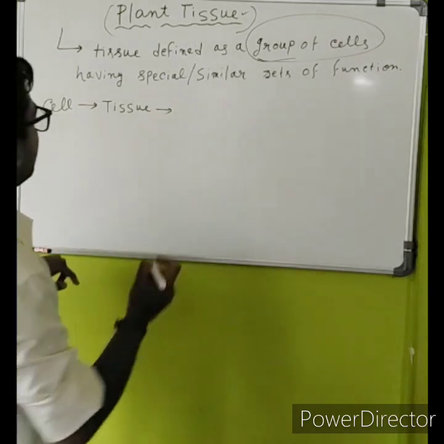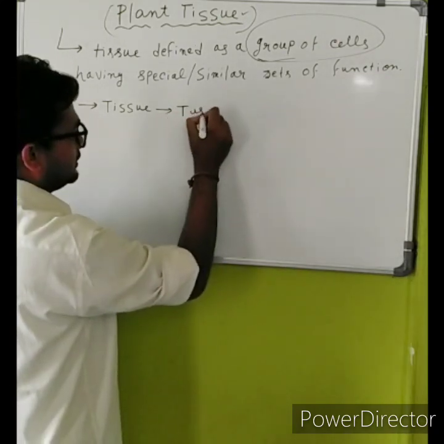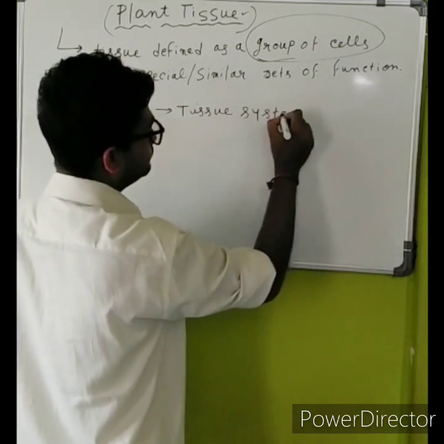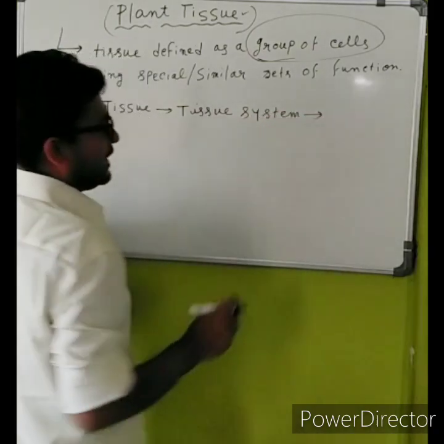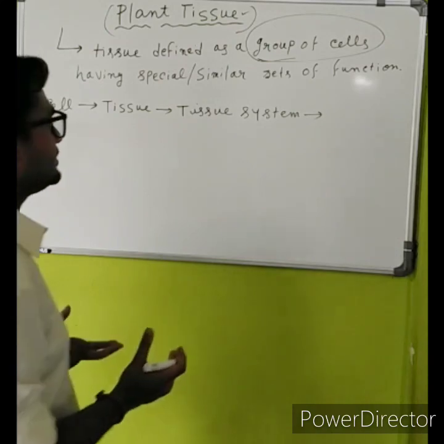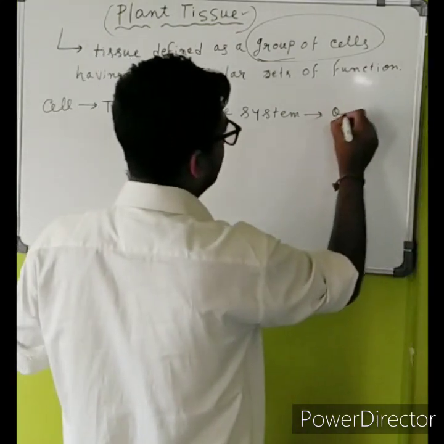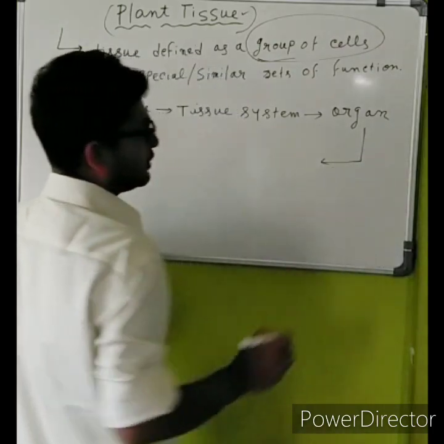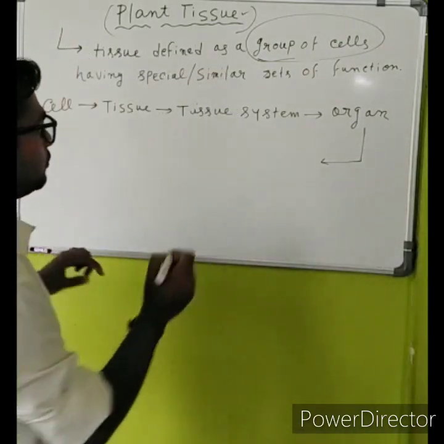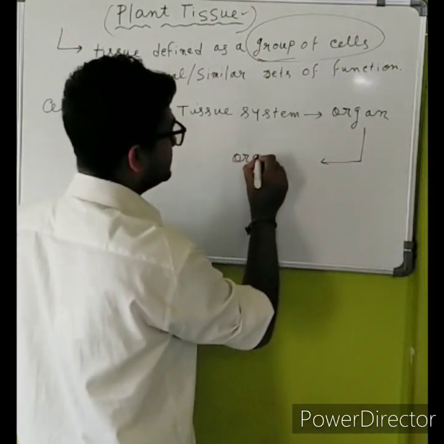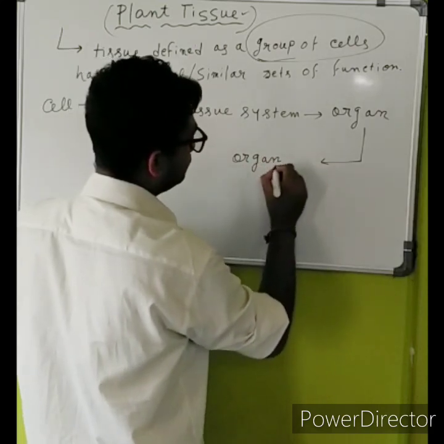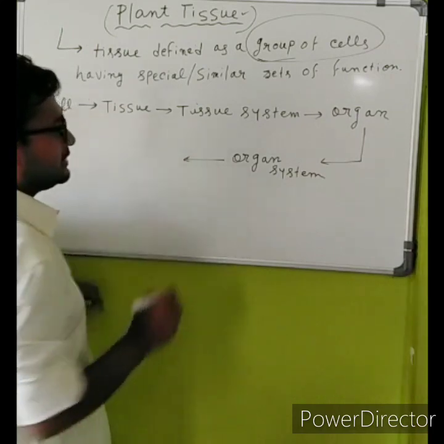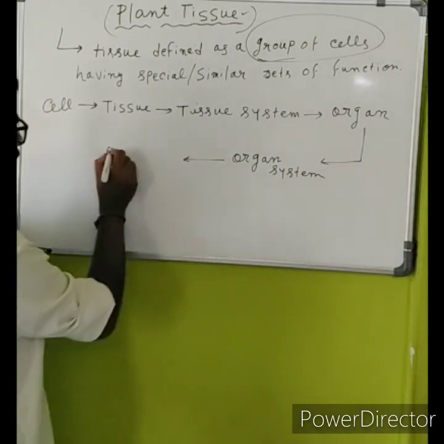Different tissues will form the tissue system, and many tissue systems will form the organs present in the body, which will form the organ system, and the organ system will form the organism.